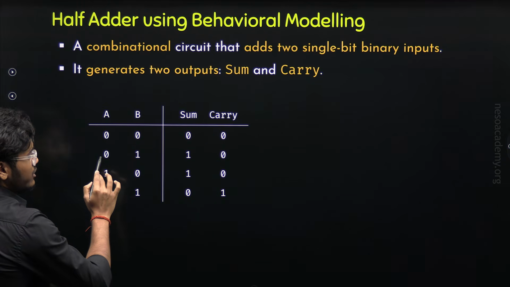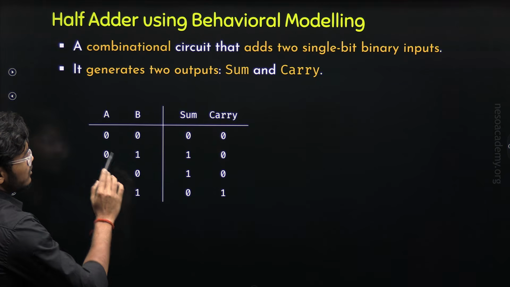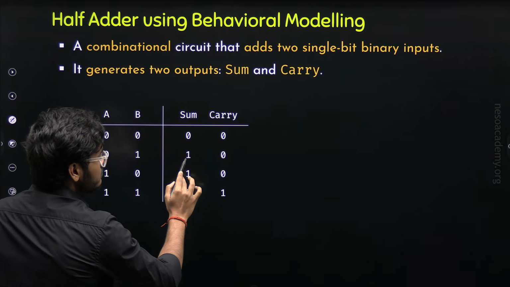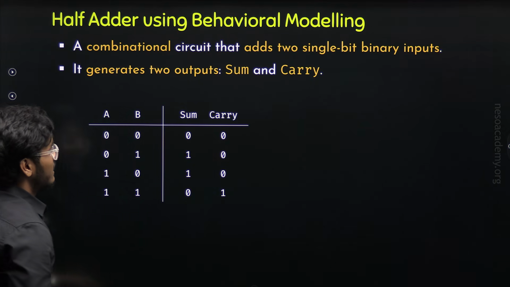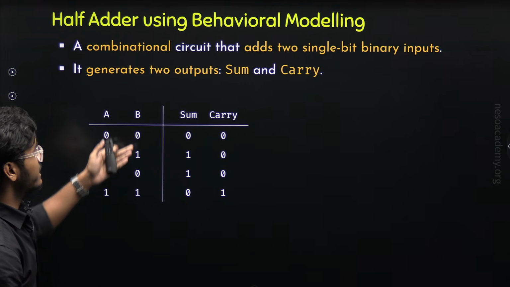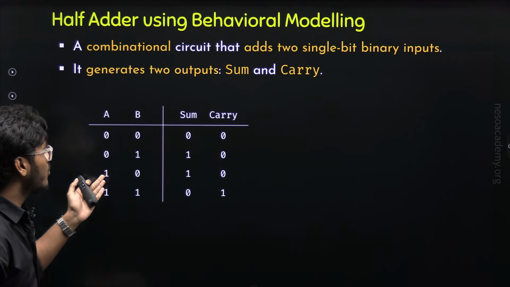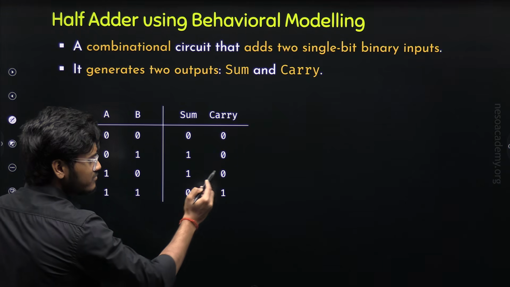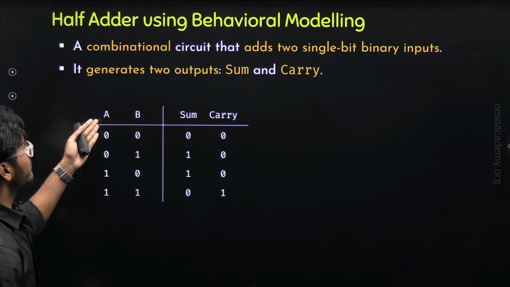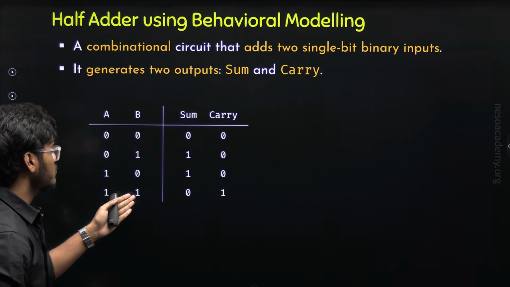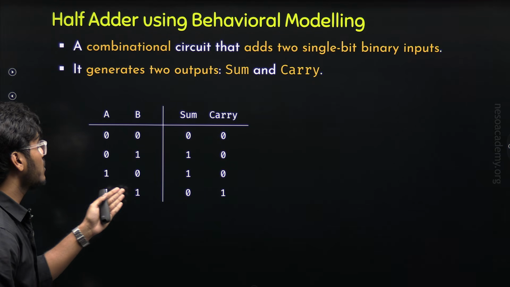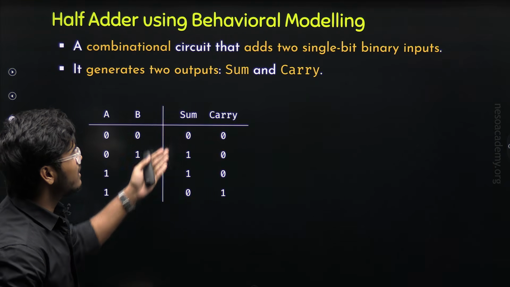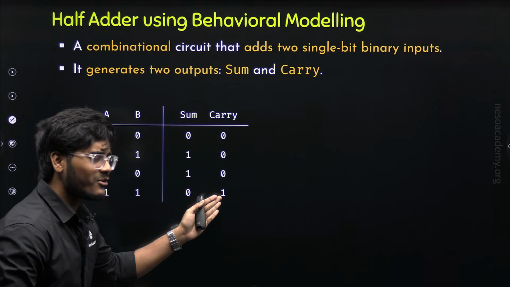When A is 0 and B is 1, so 0 plus 1 will give sum as 1 and carry as 0. When A is 1 and B is 0, which means again we are adding 1 with 0, so sum will be 1 and carry will be 0. In the last combination, when both inputs A and B are equal to 1, here we are adding 1 with 1. Now 1 plus 1 will give sum as 0 and carry as 1.